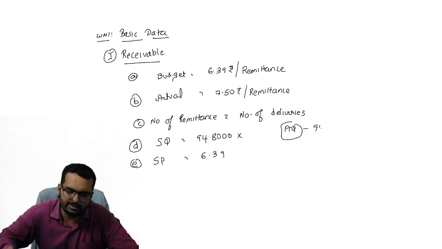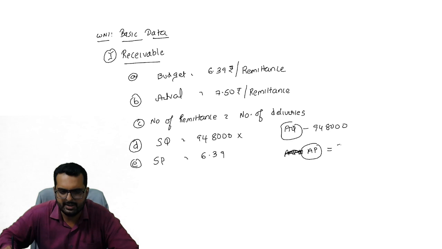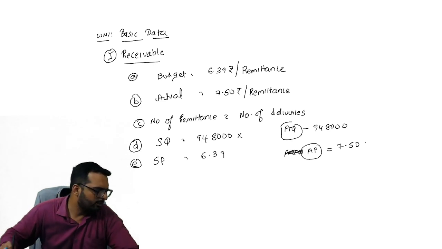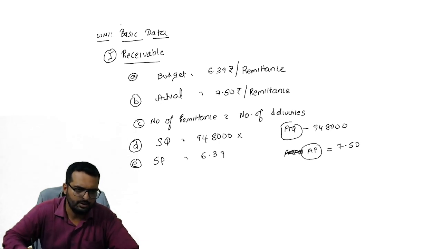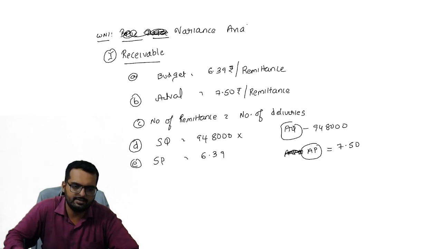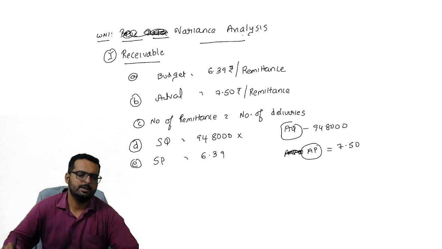AQ will again be 9,48,000, but they have already given the AP in the question, which is 7.5. Can you write this down and tell me what variances you get for receivable? You can call it working note number one, variance analysis. Please write down this.